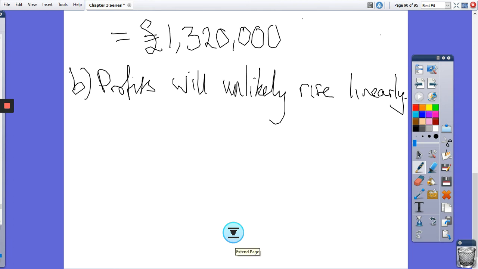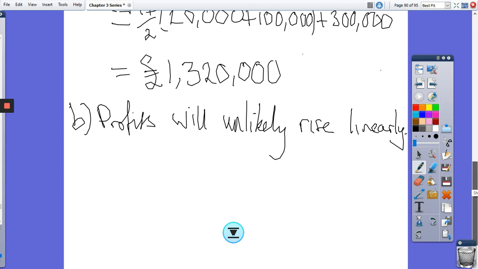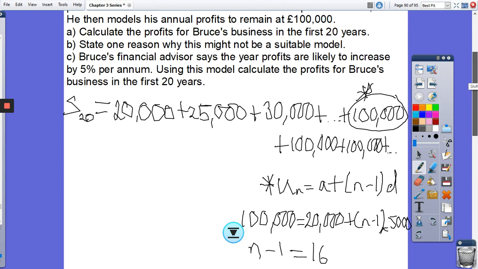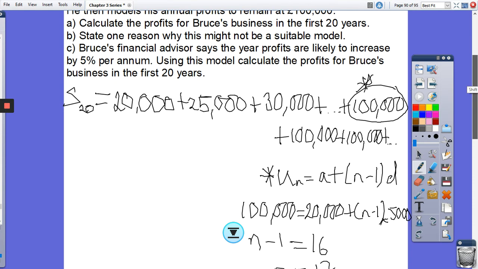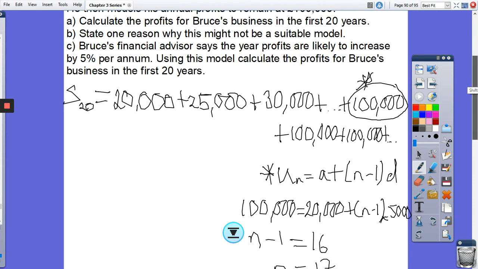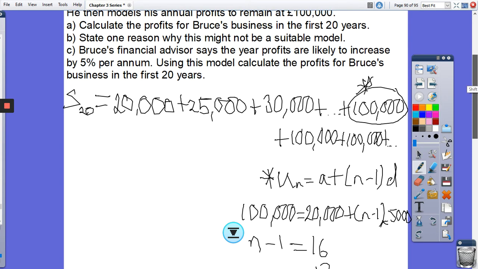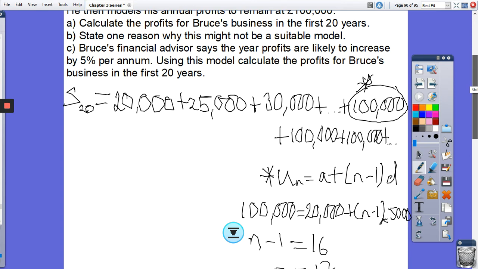So Bruce decides to employ the services of a financial advisor who laughs at his model and comes up with a new model. And he says, you know what, it's going to go up by a percentage amount each time.